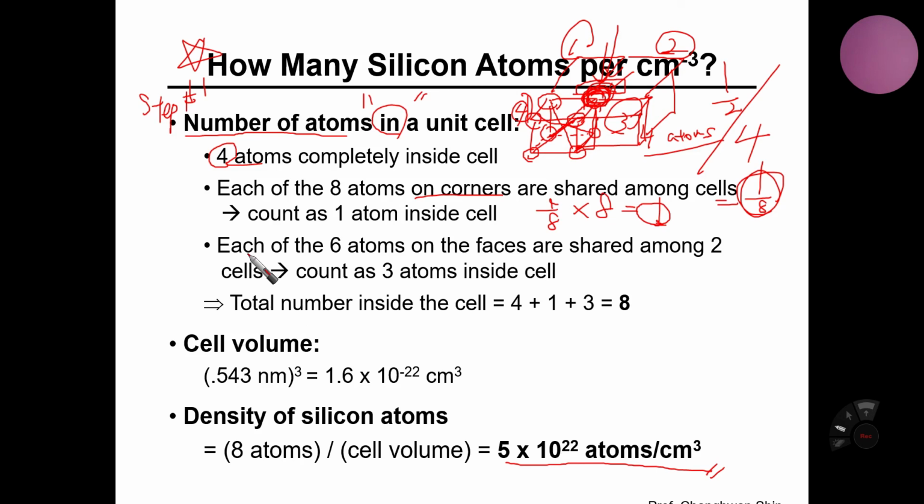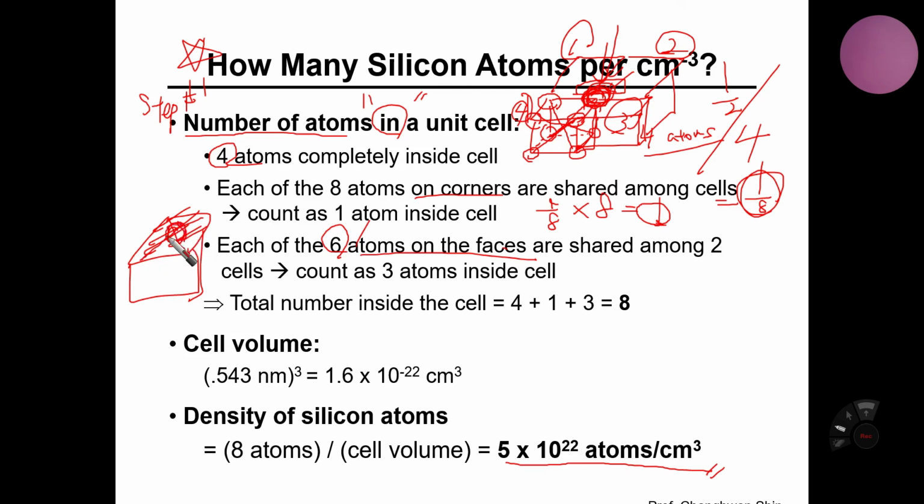The last thing that we have to think of in estimating the total number of atoms in a unit cell is the atoms on the face or on the plane. How many faces or planes do we have for a unit cell? Since this is a cubic cell, we have 6 planes, 6 faces, and on each face we have a single atom. But here the question is, for a given plane, say this is a top plane, at the center of the plane the silicon atom is placed.